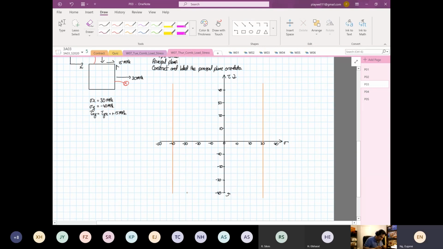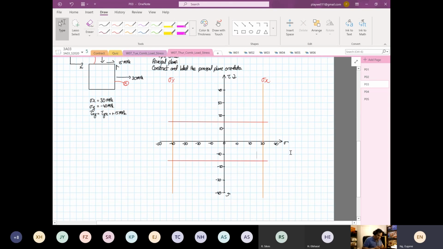So basically, this is your stress X line, and this is your stress Y line, right? And then you have a shear of 15. So the shear, you have to construct both positive 15 and negative 15.